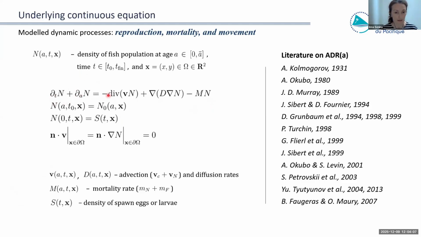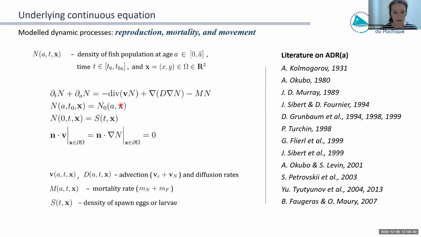So you see the terms of this equation, they describe the change of the density. First of all, the model describes the density of fish population in 4 dimensions: age, time, and two-dimensional space. And the first term describes the variation of density in time and in age.